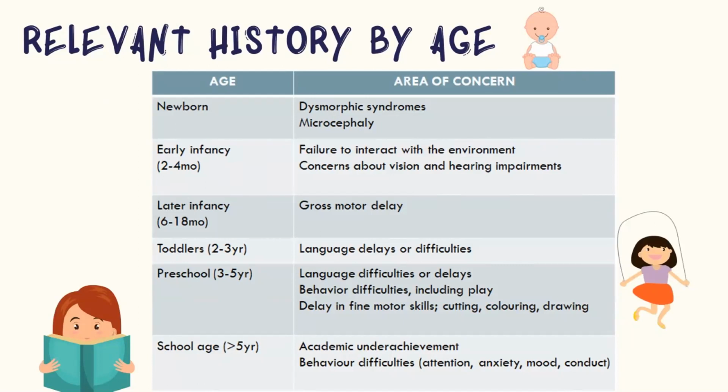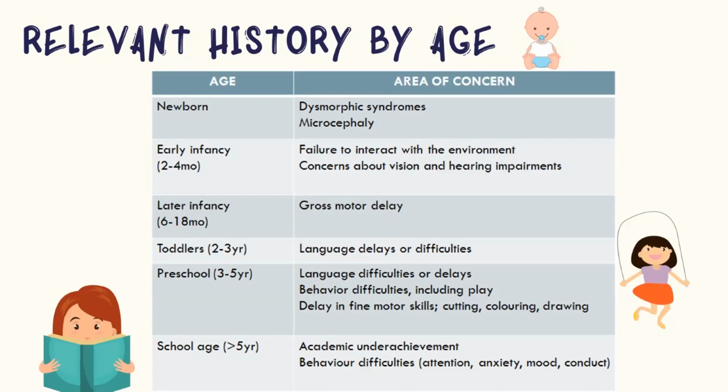And then in early infancy, look at whether the infant is not able to interact with the environment, or any concern about vision and hearing, like maybe the infant is not able to notice the parents at all, not responsive to any sounds.